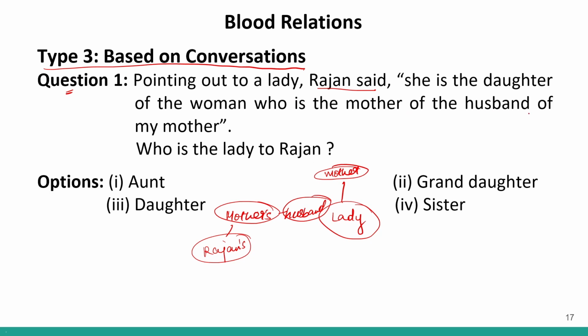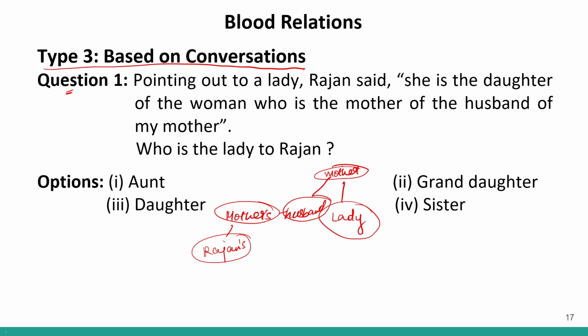Mother of the husband of my mother. So this particular relationship will be established. Let me repeat. Rajan said the lady is the daughter of the woman who is the mother of the husband of my mother.